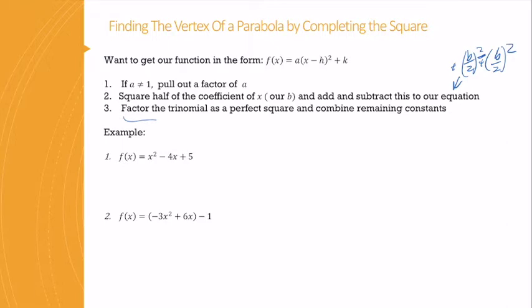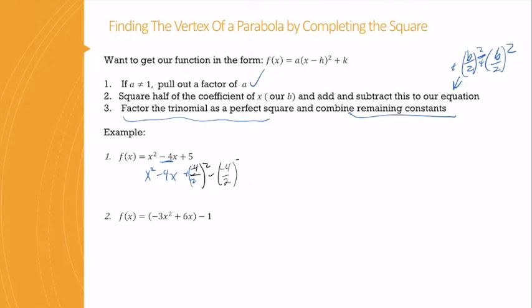So f of x equals x squared minus 4x plus 5. Well, my leading coefficient is 1, so that's cool. What I'm going to do is add b divided by 2 squared, which is negative 4 divided by 2 squared, and subtract b divided by 2 squared.